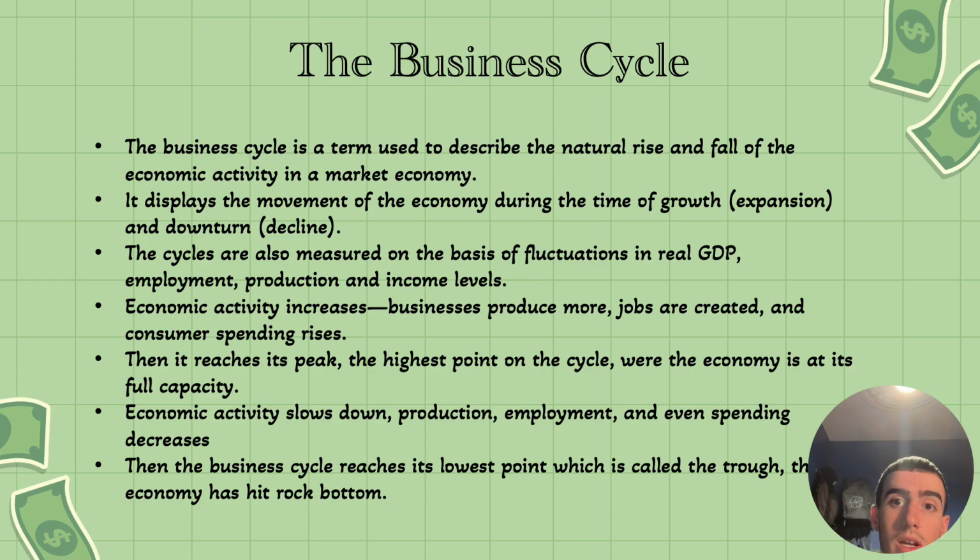During an expansion, economic activity increases, with businesses producing more, jobs being created, and consumer spending rising until it reaches its peak at full capacity. The peak is the highest point on the cycle. On the other hand, during a downturn, economic activity slows, with production, employment, and spending decreasing until the cycle hits its lowest point, which is known as the trough.